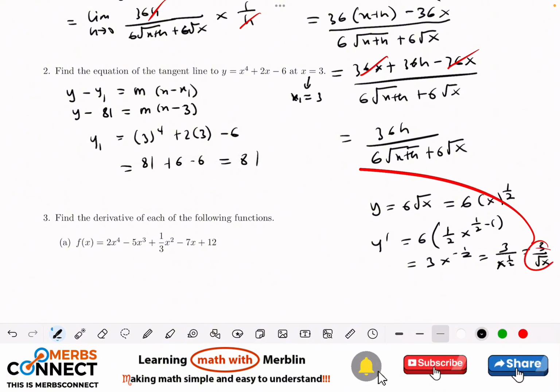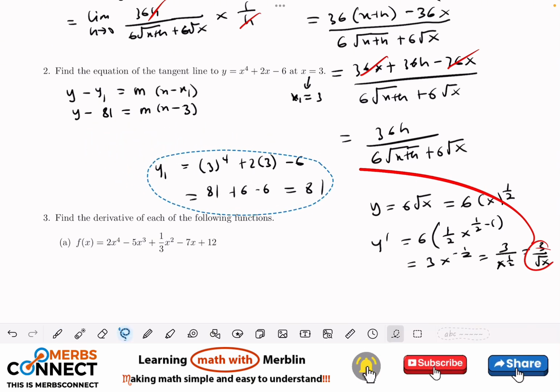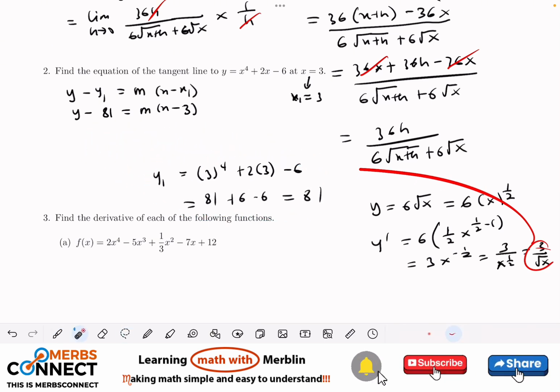So now what I just need from this equation is the m. Don't forget, m is the slope, which is the derivative, right? So we need to find the derivative of this and plug in x is equal to 3, then we get our slope. So what will be y prime?